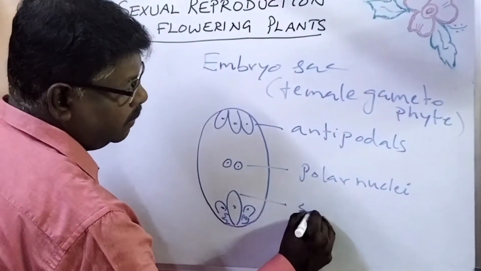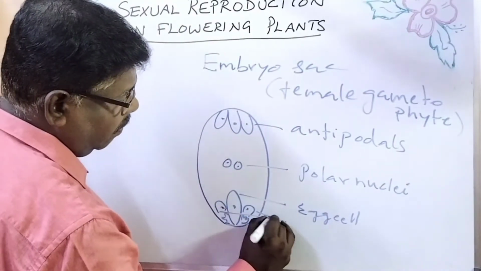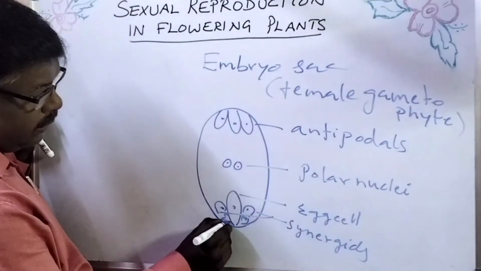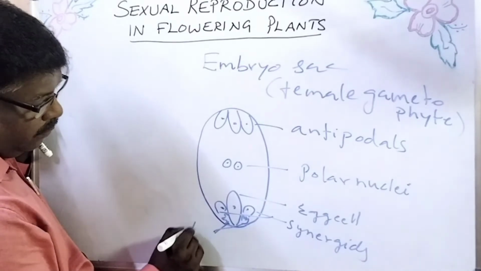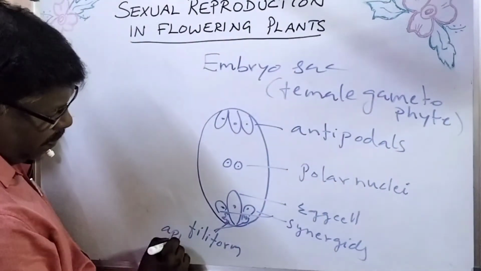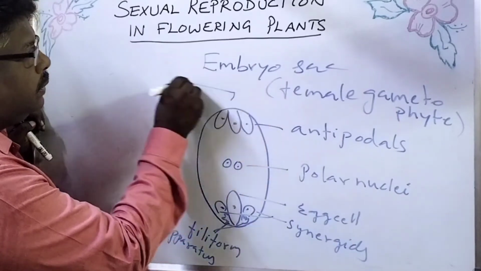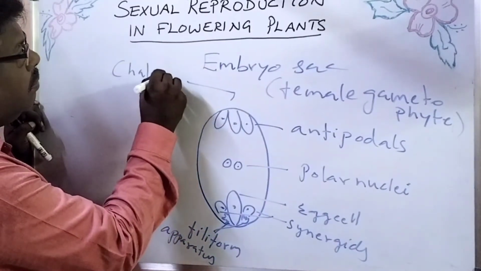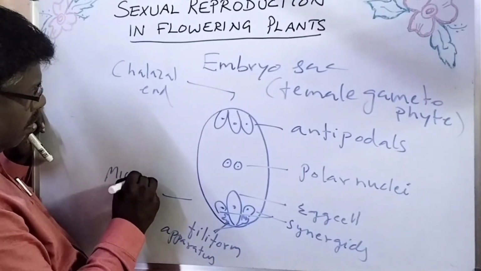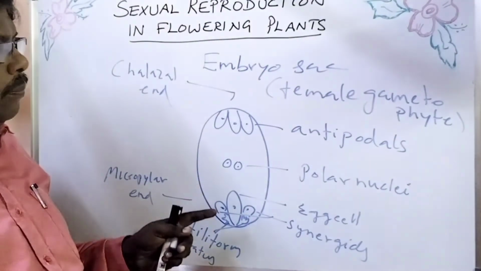This is the egg cell. These are called synergids. And these finger-like projections at the bottom are called filiform apparatus. And this is the chalazal end. This portion is the micropylar end. This is the structure of the 8 nucleate embryo sac.